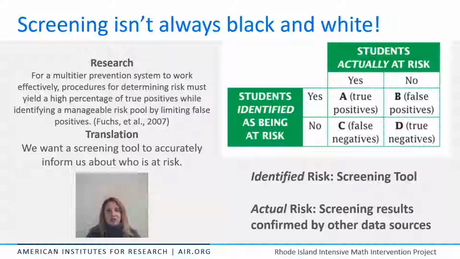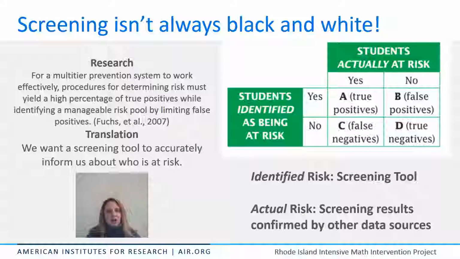When screening students, educators will want to maximize both the number of students correctly identified as at risk, also known as a measure's sensitivity, and the number of students correctly identified as not at risk, a measure's specificity. These measures depend on the cut score used to classify children at risk.